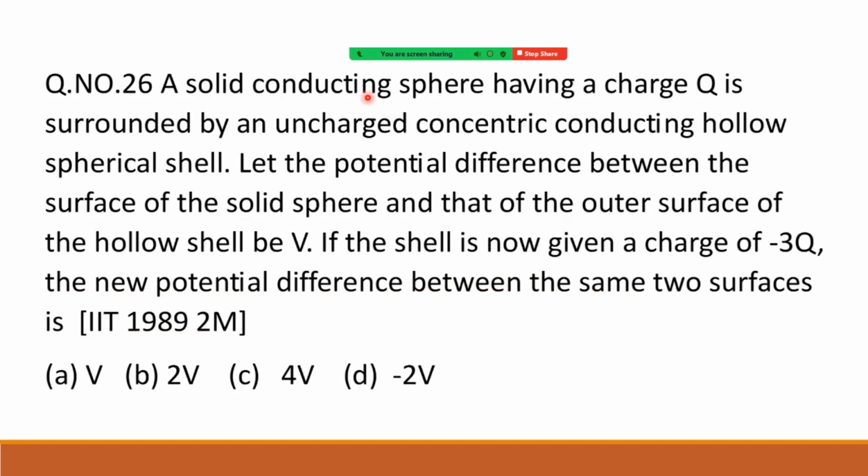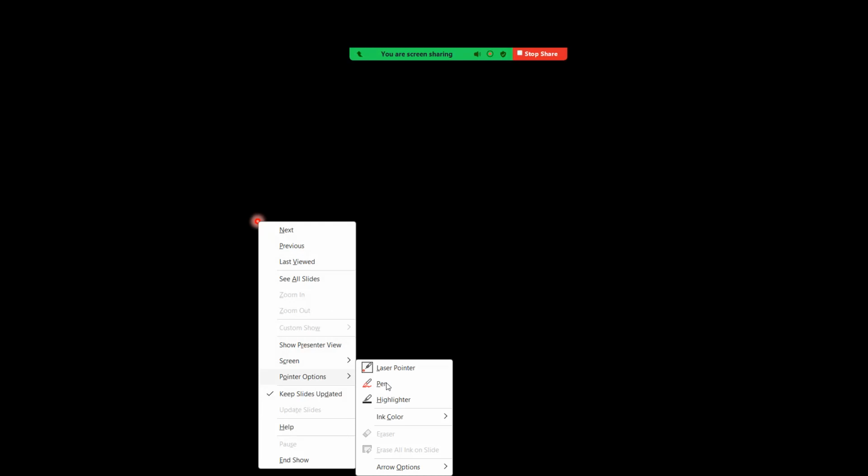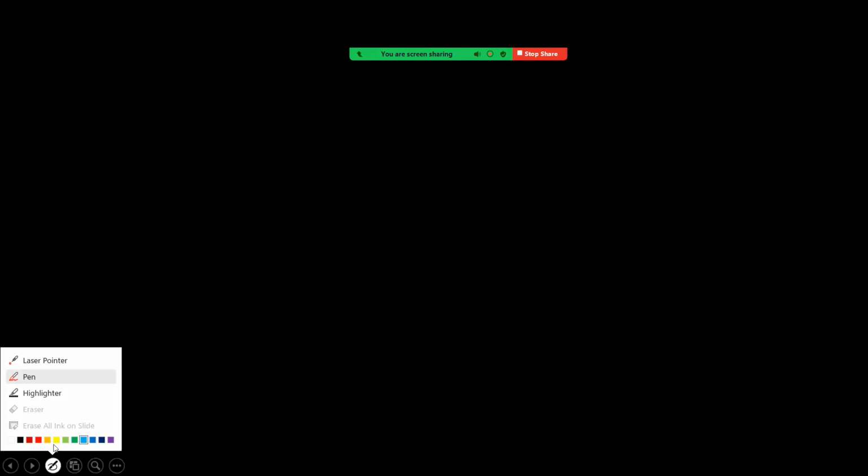One is a solid conductor, the other one is a hollow spherical shell, right? First of all, make a diagram for this one. The inner one is a solid conductor. The outer one is a hollow spherical shell.